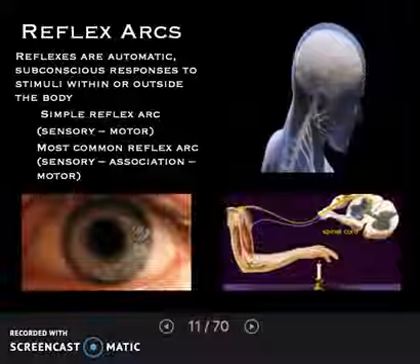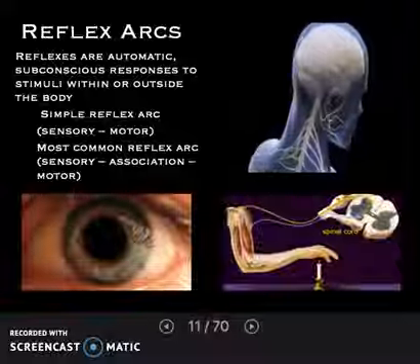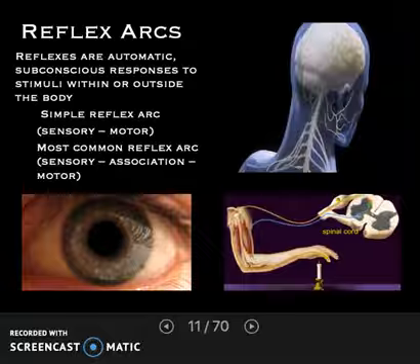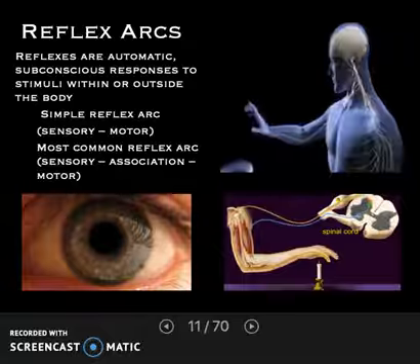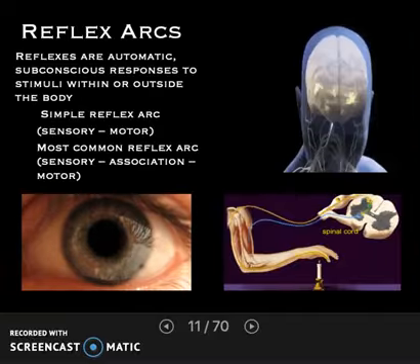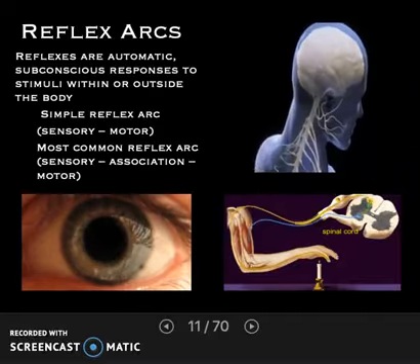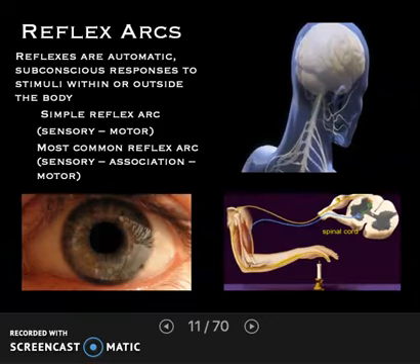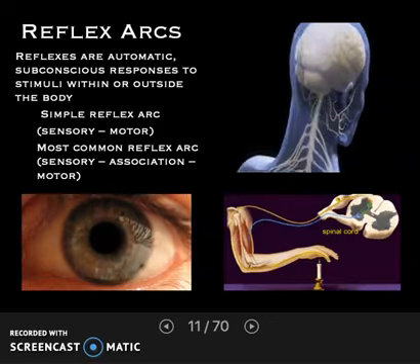Okay, so the most common reflex arc involves a sensory neuron, an association neuron, which leads to a motor neuron, and then we have simple reflex arcs where we just have a sensory neuron that goes right to a motor neuron and allows you to withdraw your hand from the flame, so to speak.